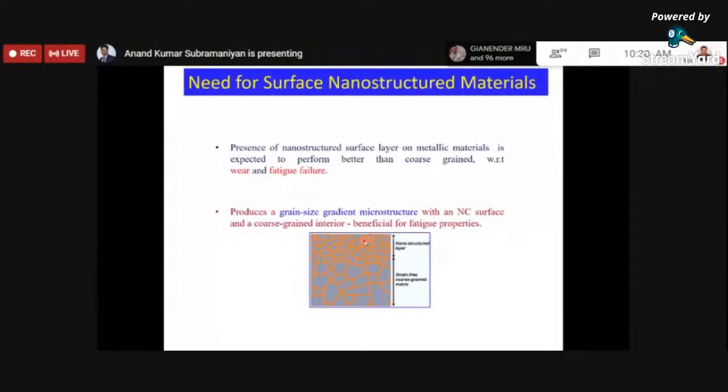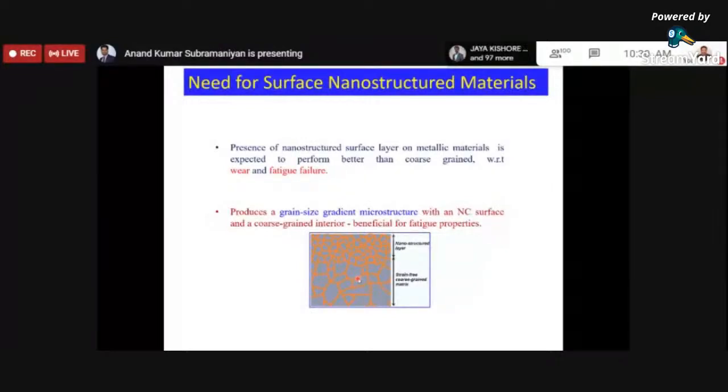And let us assume the crack has initiated and now starts propagating. The propagation will be easier when you have finer grains, but the propagation will be delayed, or resistance will be offered, when you have coarse grains, because the coarse grain will have better ductility, thereby providing good toughness.